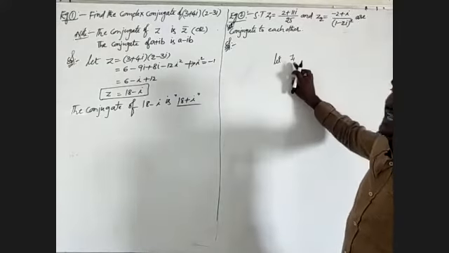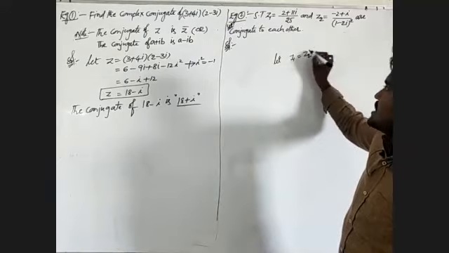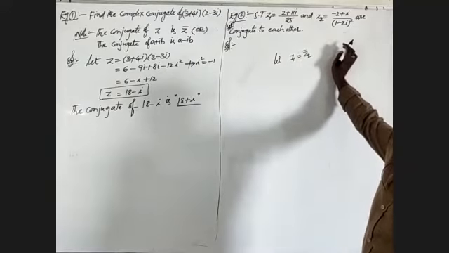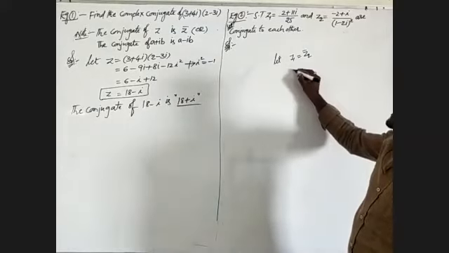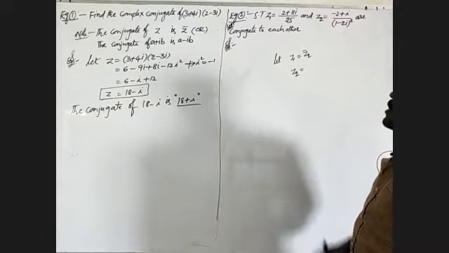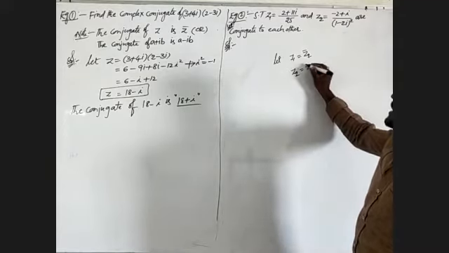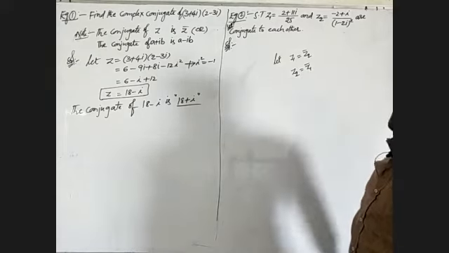Z1 and Z2 being conjugate means Z1 is equal to Z2 bar, which we will prove. Or we take Z2 and prove it is equal to Z1 bar.